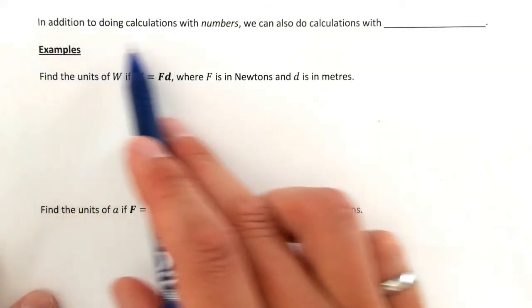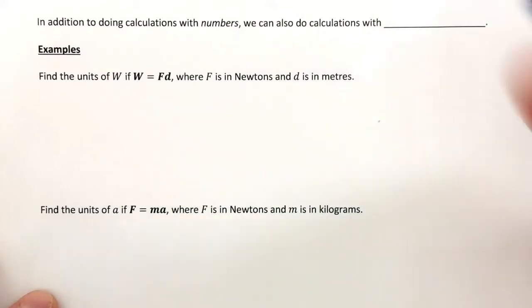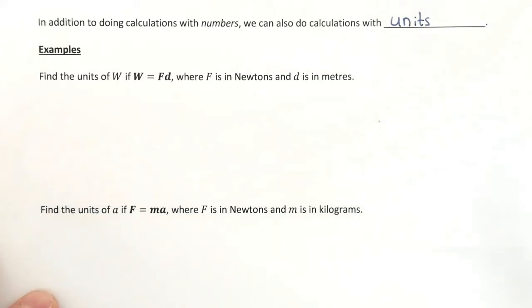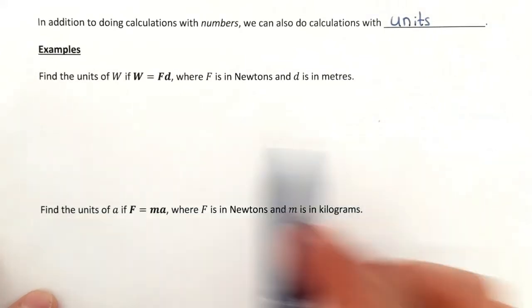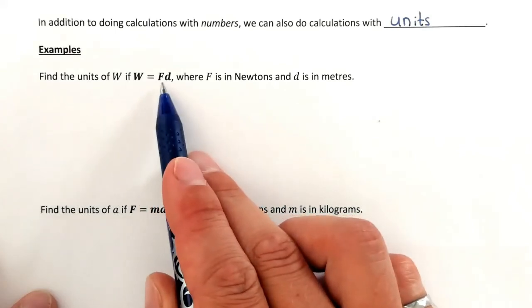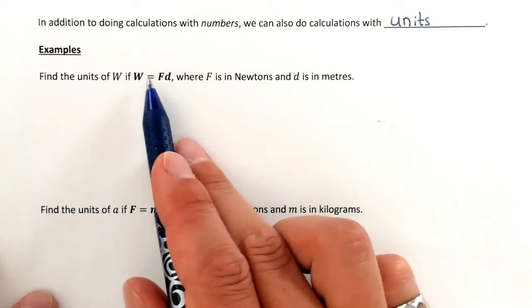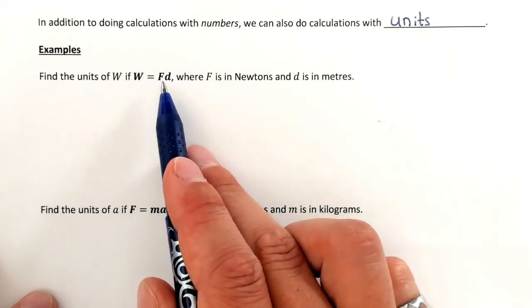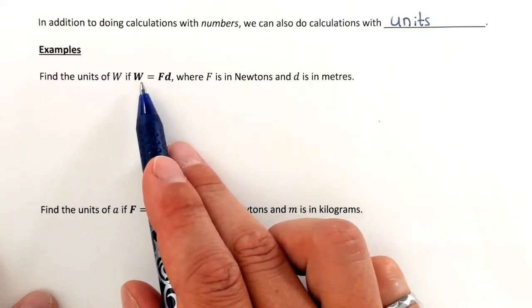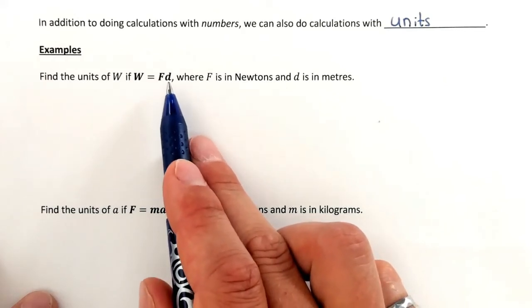In addition to doing calculations with numbers, like we were just doing, we can also do calculations with units. I sometimes think of it as this. So here's an equation. This is work equals force times distance. You don't need to know that for this lesson. That's just some bonus info. But what this equation means is if I want to know a number for work, I take a number for force, I put it in here, and I take a number for distance, and I put it in here.